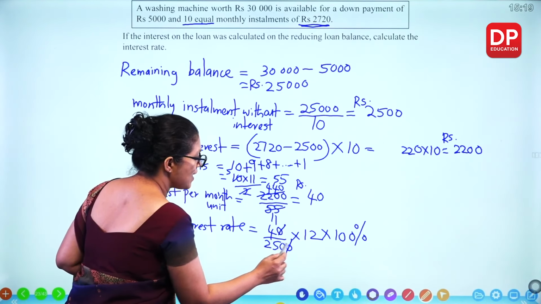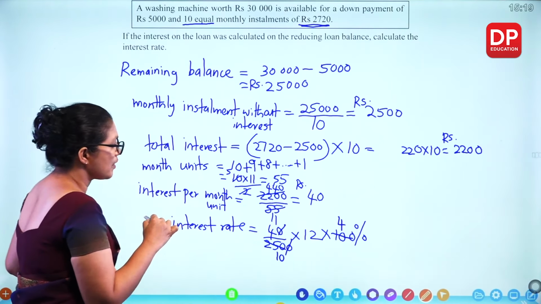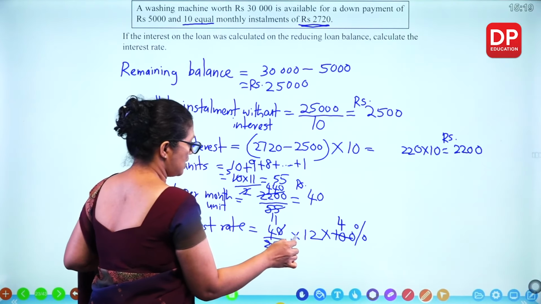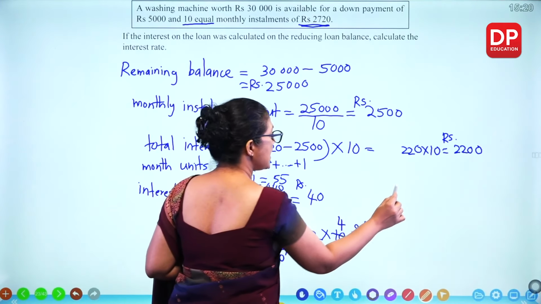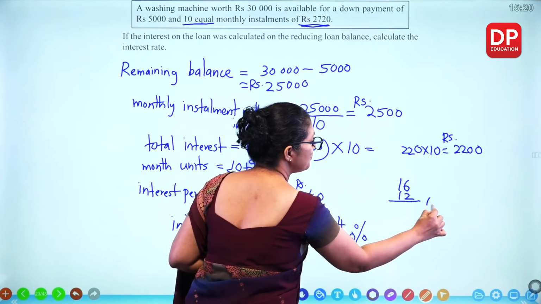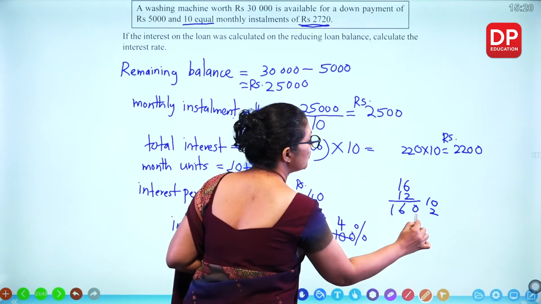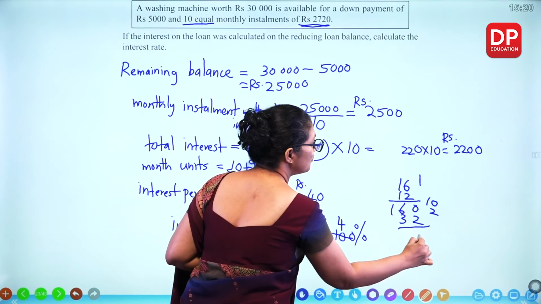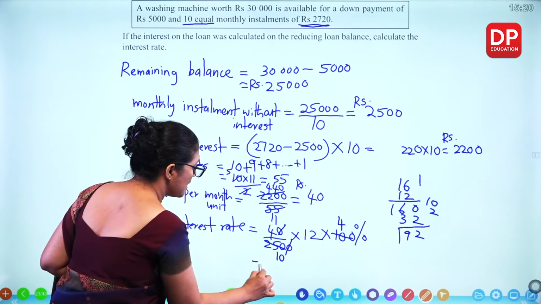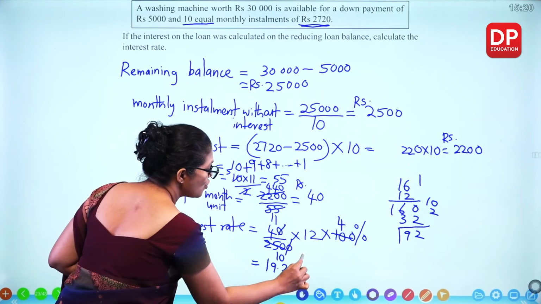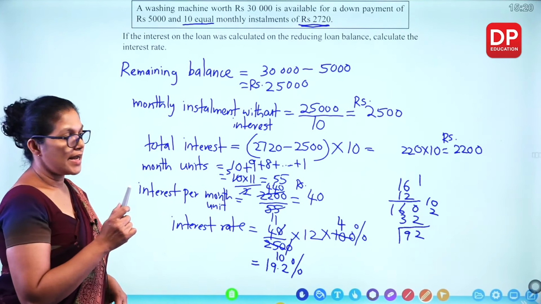How many 25s are there? 25 times 10, 25 times 4. Then we can multiply these two and divide by 10. 4 times 4, 16. 16 times 12. Multiply by 10 first and 2. So 192 divided by 10. So 19.2% is the annual interest rate.